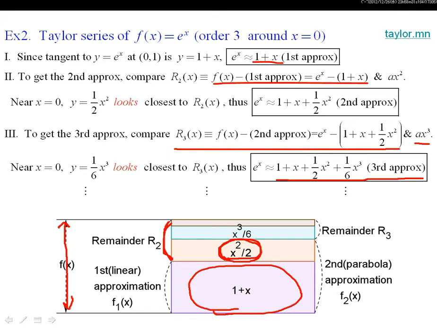And we subtract this main part from R2, and we call it remainder R3, and the main part of remainder R3 is x cubed over 6, and we subtract this one, then we get R4, remainder R4, and the main part of R4 is something ax to the power of 4.